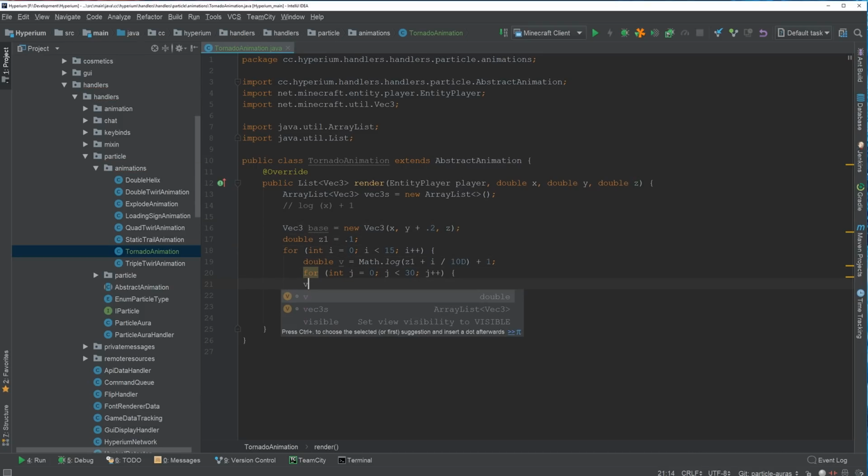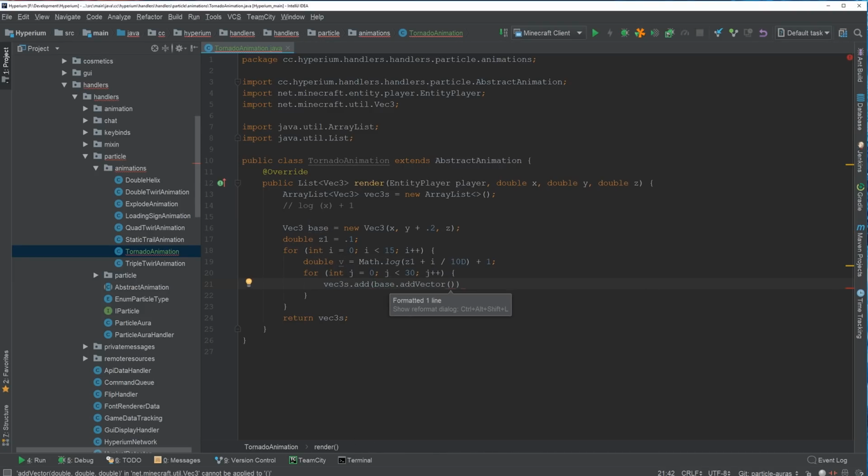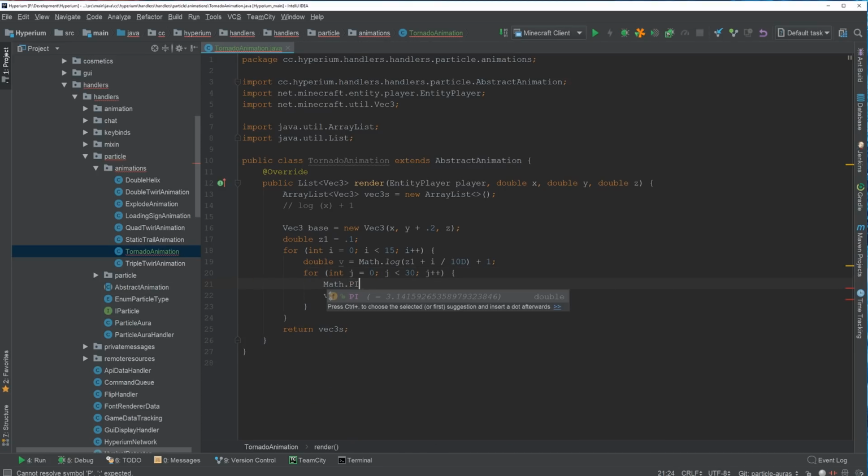Then base.add vector, and the x is going to be the sine of Math.PI times 2 times j divided by 30d.